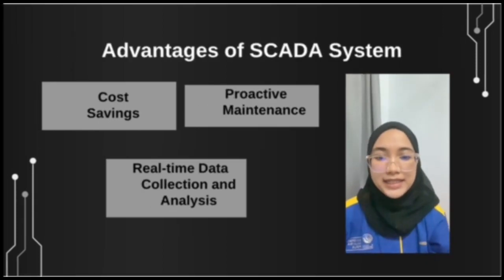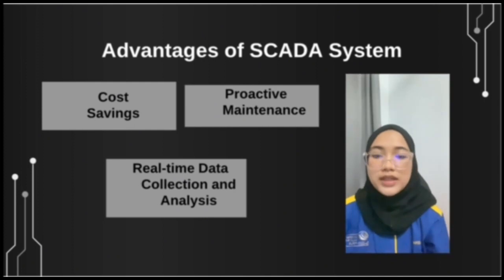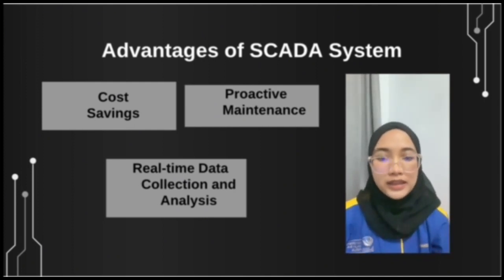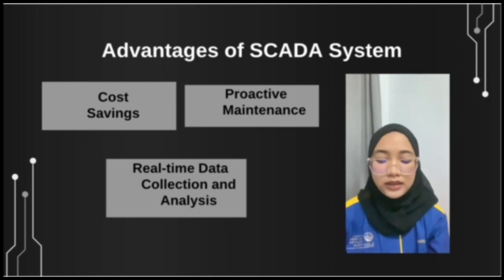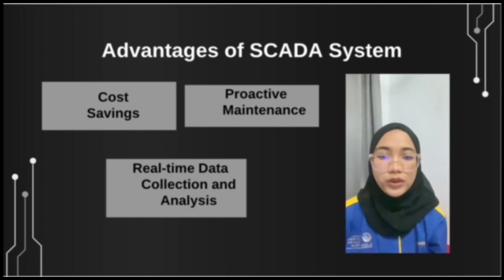Next, the advantages of the SCADA system. The first advantage is cost saving. It reduces downtime and cuts costs by quickly identifying the issue of downtime. The second advantage is real-time data and analysis. It enables keeping an eye on the operation and helps engineers make decisions when something happens based on up-to-date data.